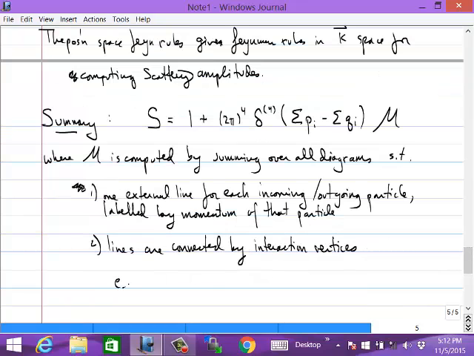So for example, in a phi cubed theory, you have this vertex with 3 legs, which gives you a factor of i times g.